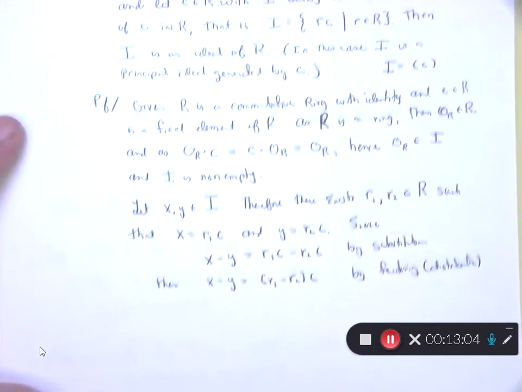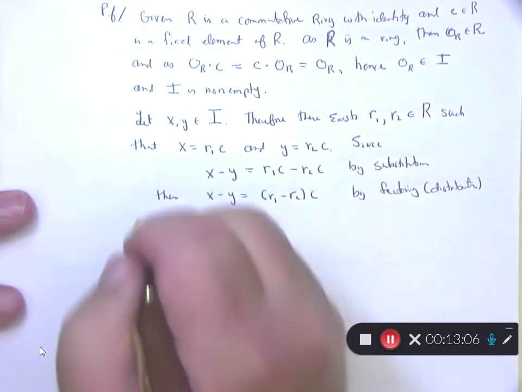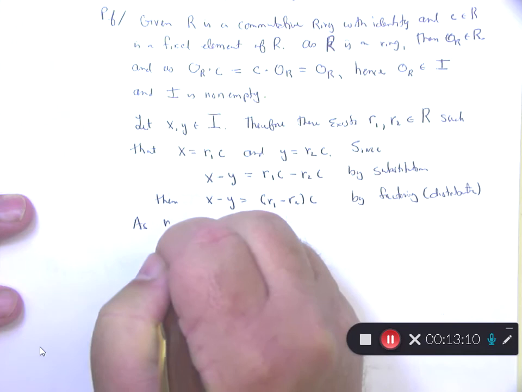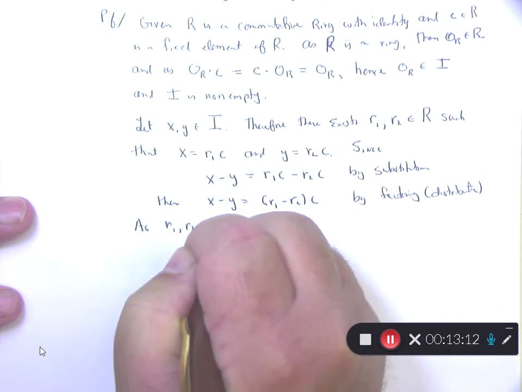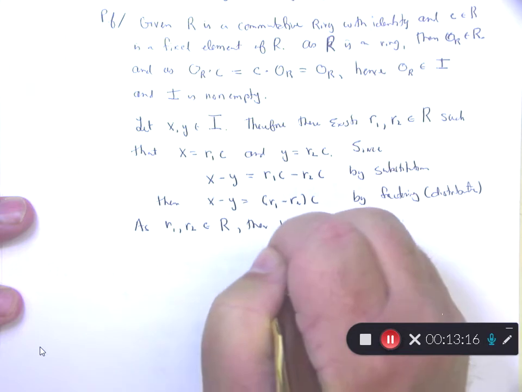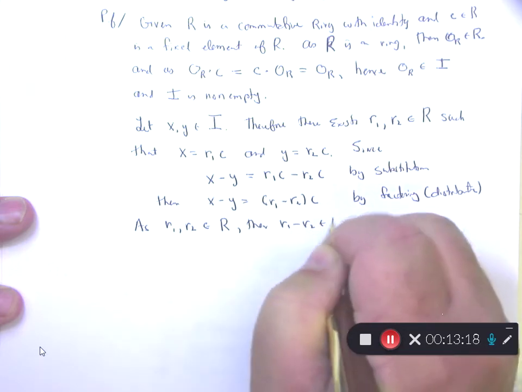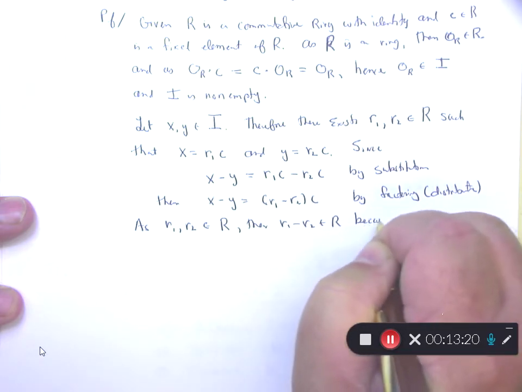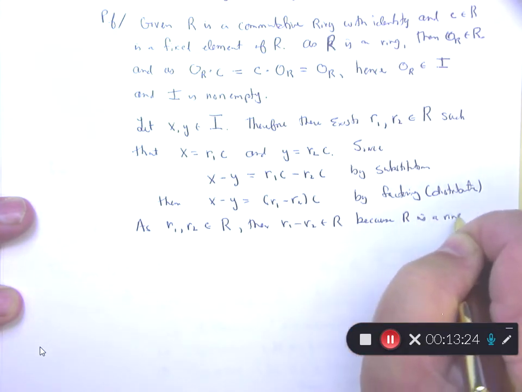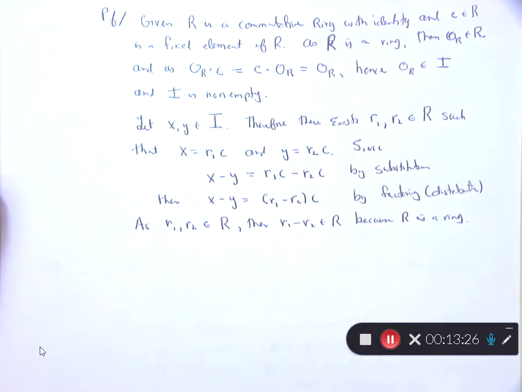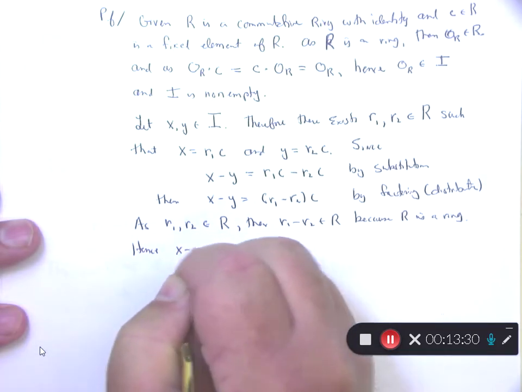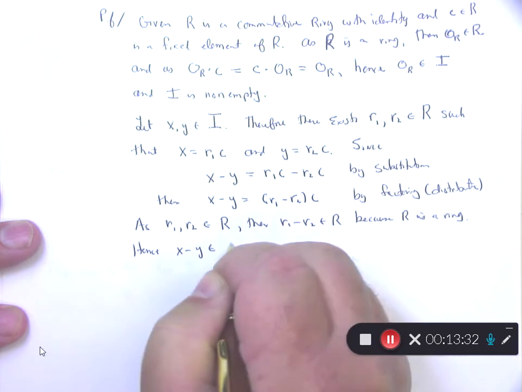Well, as r1 and r2 are elements of ring R, then r1 minus r2 is an element of R because R is a ring. Hence, x minus y is an element of I.